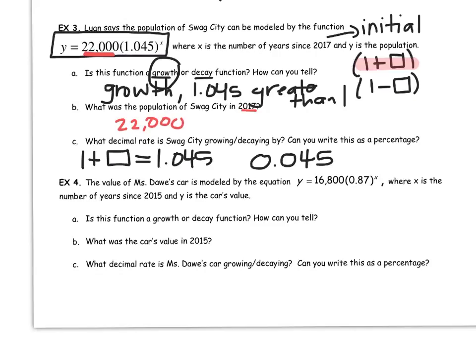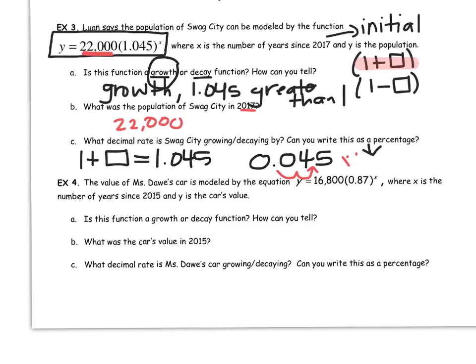Next it says, can you write this as a percentage? So to do that, we take our decimal point, and you could think about a couple ways. You could do the trick where you move the decimal place 2 units, or you could multiply this by 100, and that'll give you 4.5%. All right.